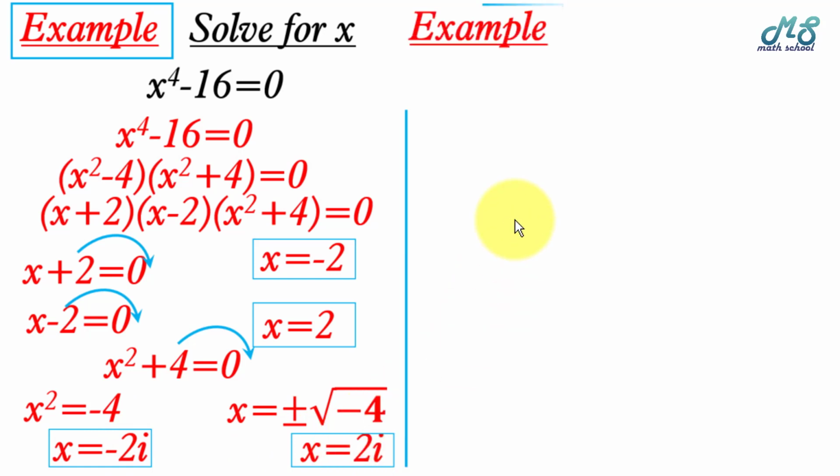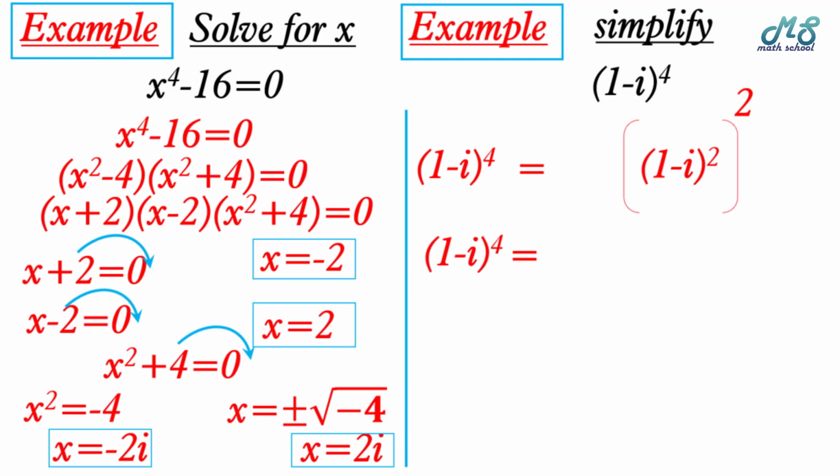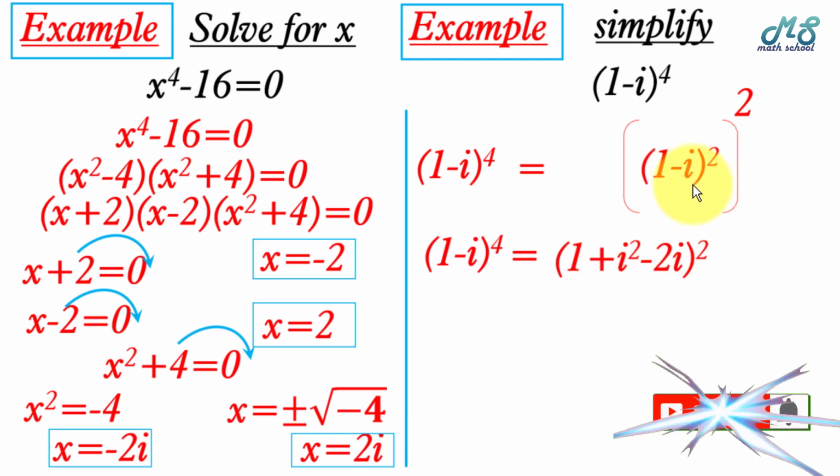Second example: simplify the expression (1 minus i) raised to the power 4. We can write 4 as 2 times 2, so we can write the expression as (1 minus i) squared, all squared. Now we find the expansion of (1 minus i) squared. Square the first, it will be 1. Square the last one, it will be plus i squared. Minus 2 times 1 times i, it will be minus 2i.